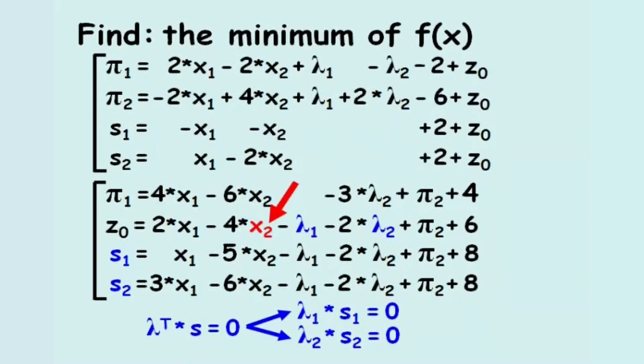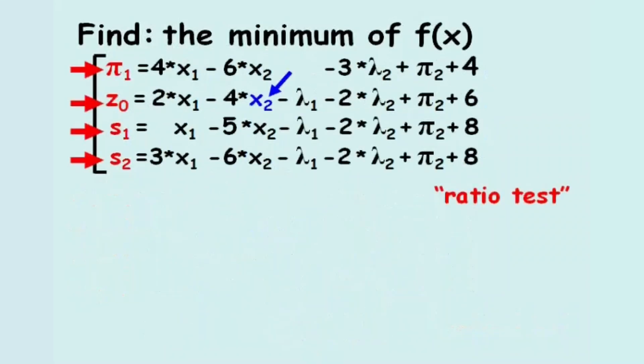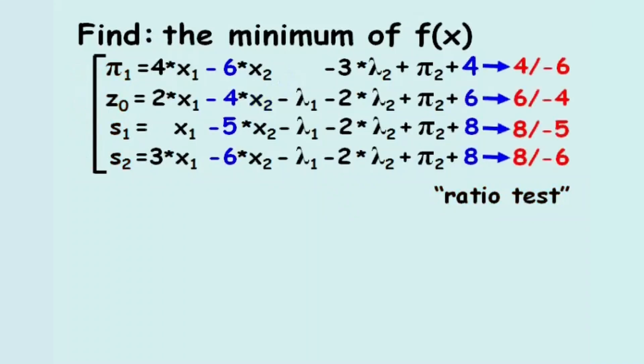We'll use the ratio test to determine which of the 4 basic variables will leave the basis. In the ratio test, we'll divide the value of each basic variable by the coefficient of the variable entering the basis, and the row with the smallest quotient, which is negative, which turns out to be -4/6, will correspond to the row which will become non-basic, which in this case is the row for pi1.